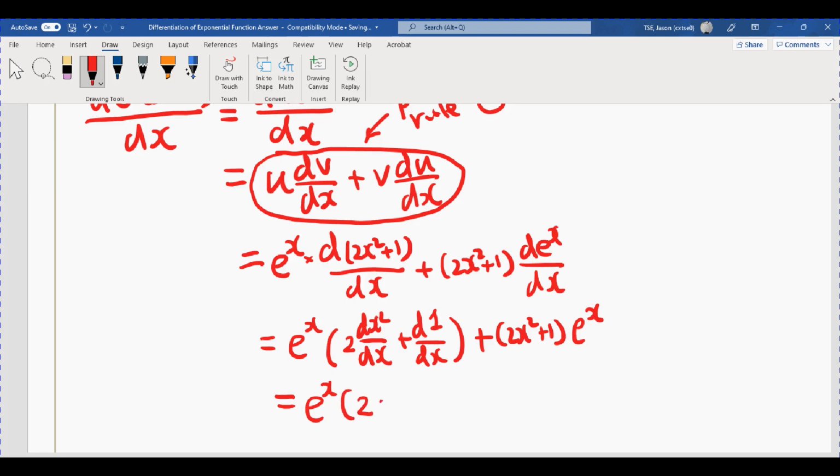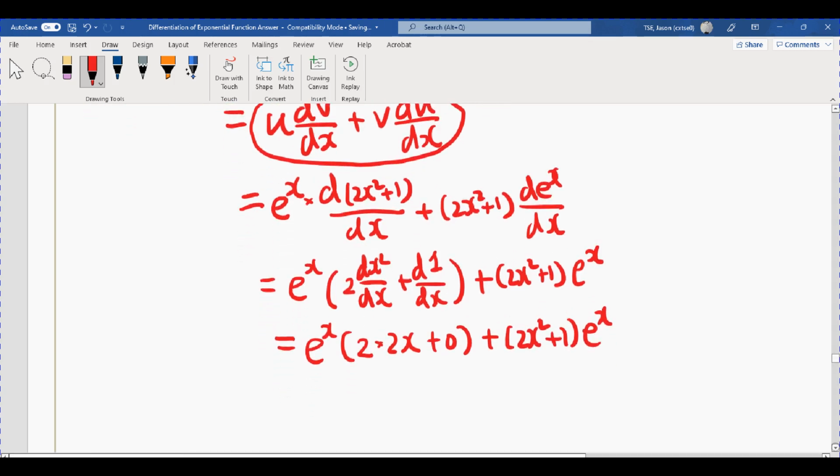So remember this is 2x plus 0 plus 2x squared plus 1 e to the power x. If you feel I'm doing it so quick, you just pause the video and slow it down. That's the advantage of watching a video. So that becomes 4x.